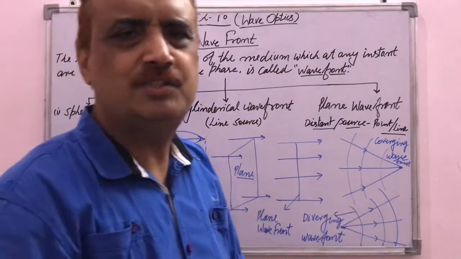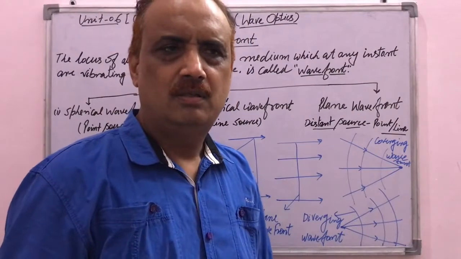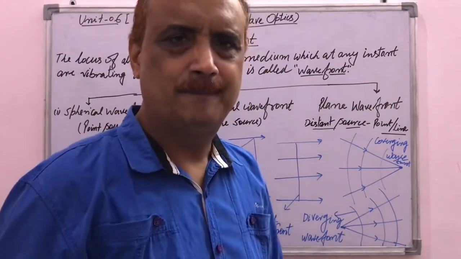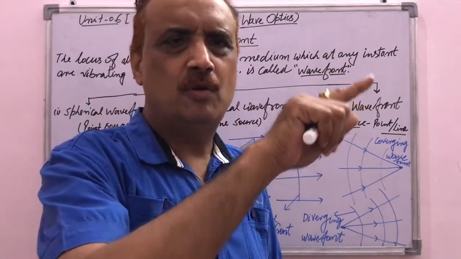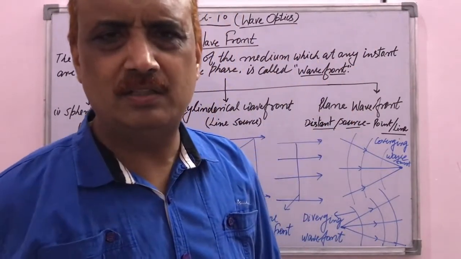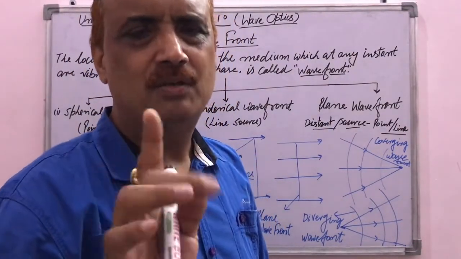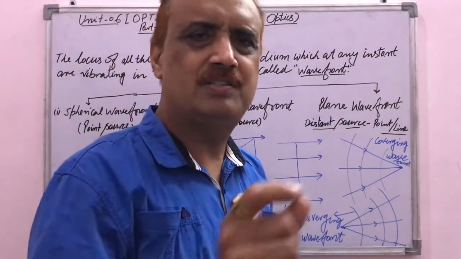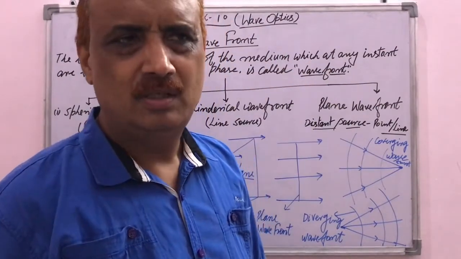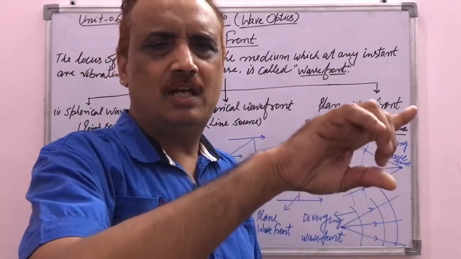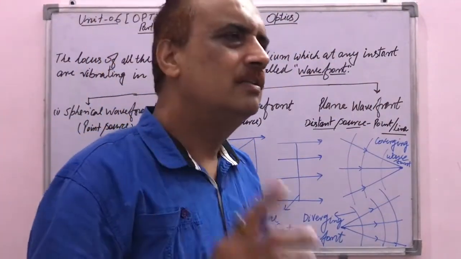And at any instant of time, if some particles are vibrating in the same phase, and if we trace a line from such particles which are in the same phase, then such a tracing line is known as wavefront. So wavefront is an imaginary line that is drawn in the medium, and it connects all the particles which are in the same phase.